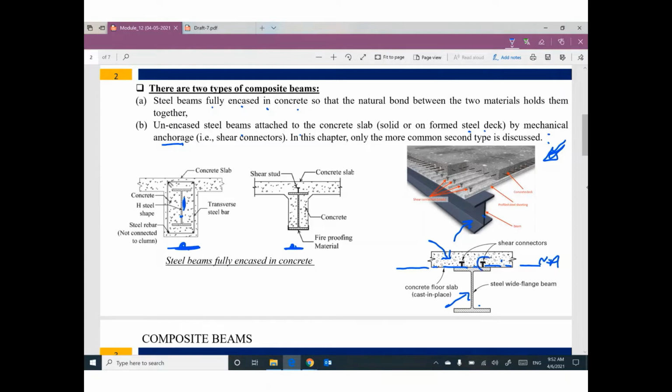Can you see this anchor and this anchor, which is repeated at uniform spacing? Shear connectors. In this chapter, only the more common second type is discussed, which is steel beams attached to the concrete slab.